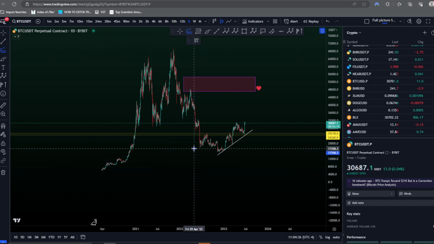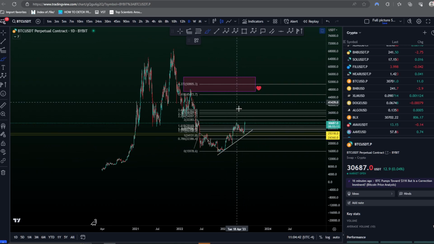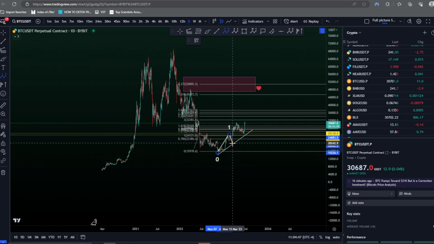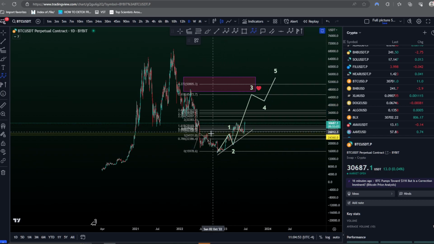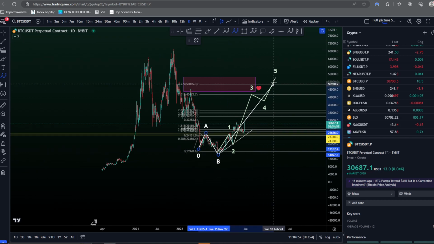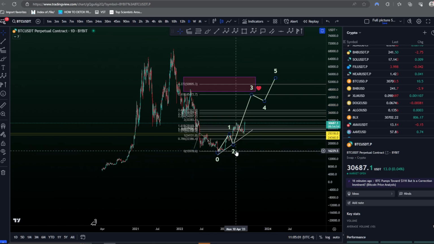But ultimately you could just say, hey, this is just a 1, 2, and then 1, 2. Like, I don't like this being a 1, 2, and then looking for 3, 4, and 5 of an ABC flat correction. I don't like that as much, but it can still happen and can still be a wave structure possibility.